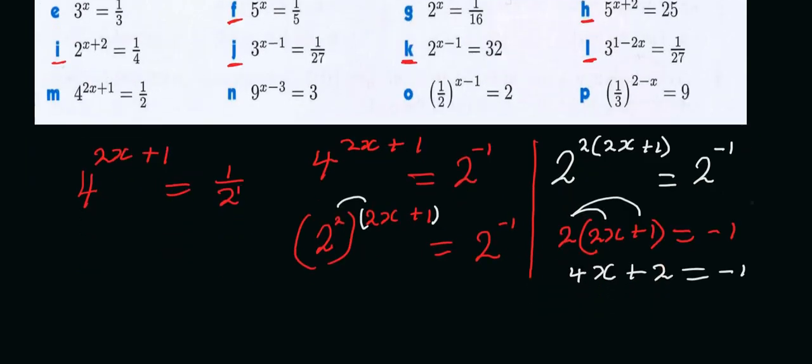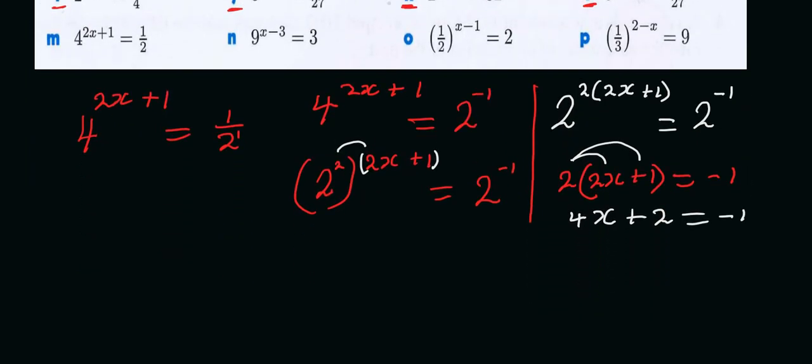So now we can isolate 4x by just subtracting 2 from both sides. So plus 2 minus 2 cancel out, and now we have 4x is equal to -1 minus 2, and that is going to give us -3.